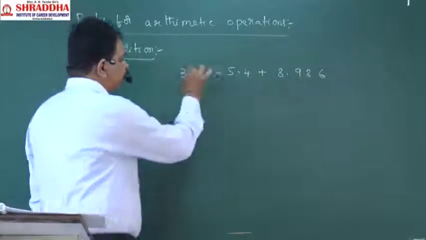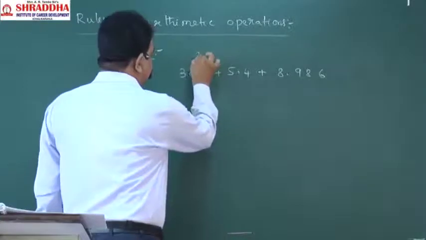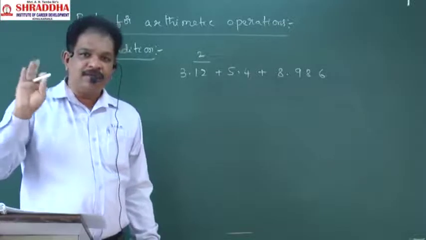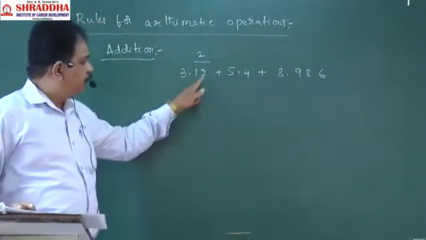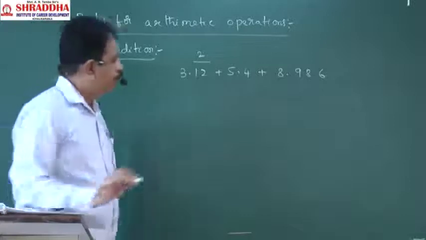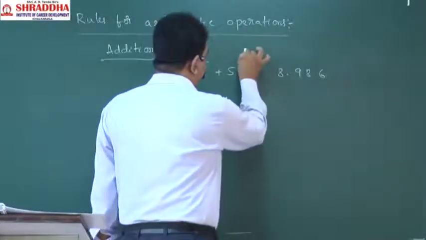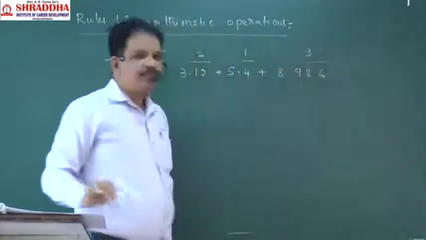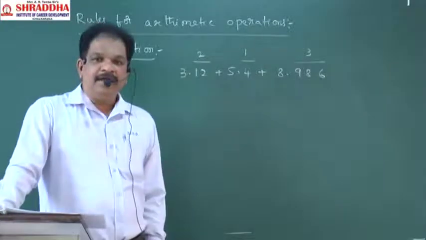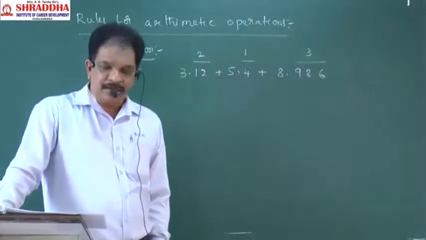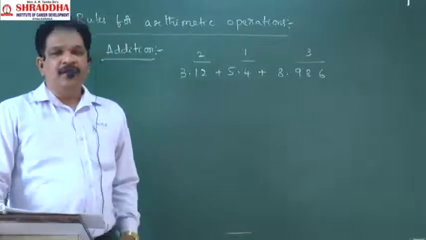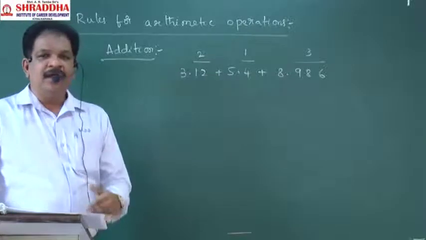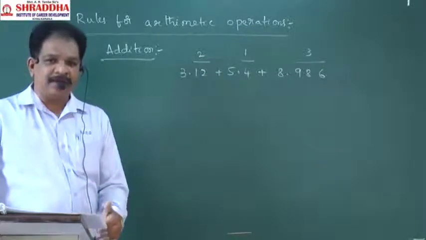Just after the decimal point, not the total number. After the decimal point, here there are 2, here 1, here 3. So identify the significant figures after the decimal point in the case of addition or subtraction.